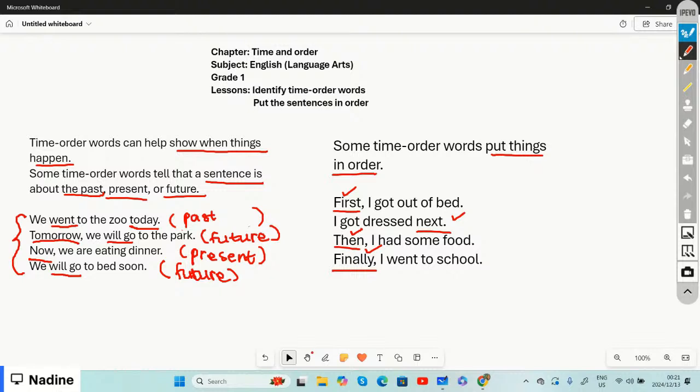And we said some of our time order words are also put in order. They put things in order from the time that you started doing something to the time that, for example, it ends.